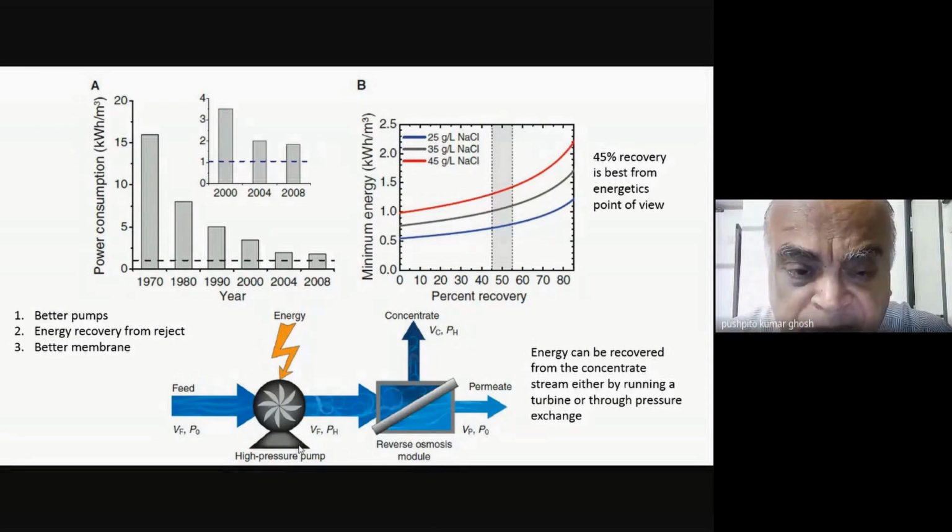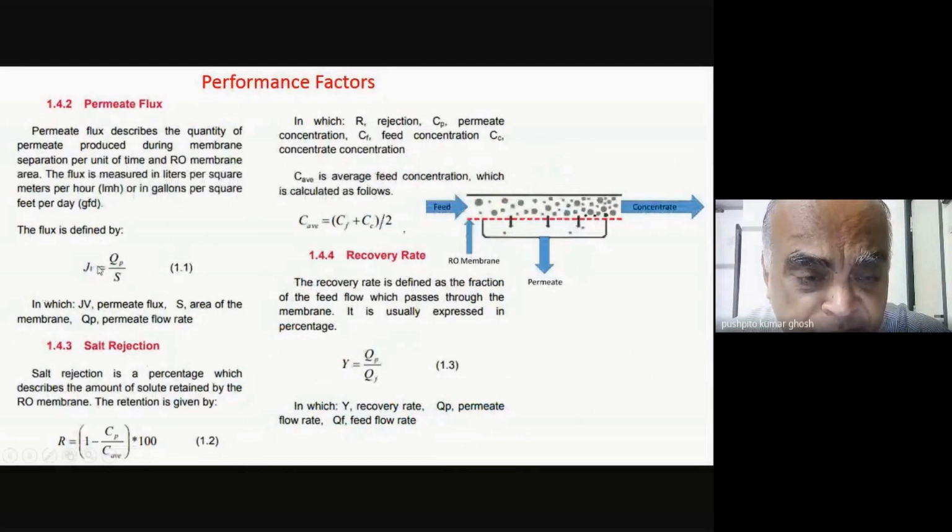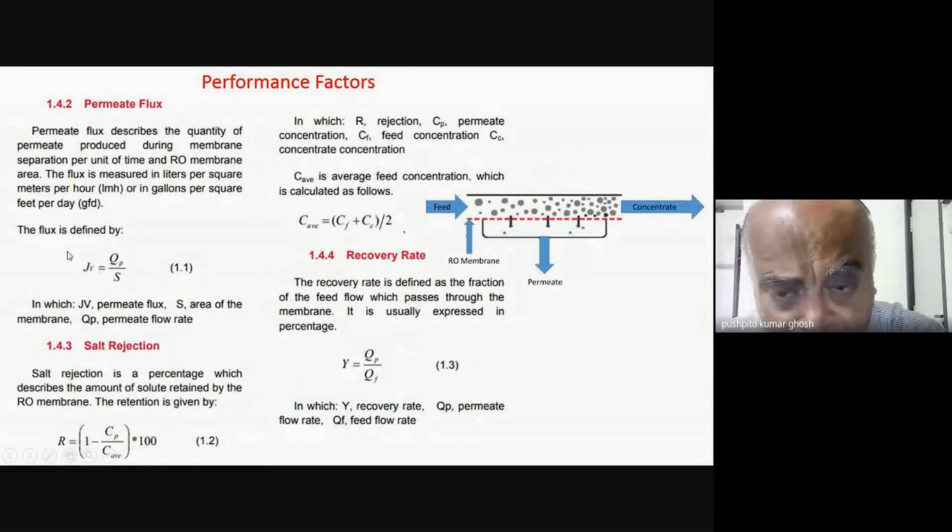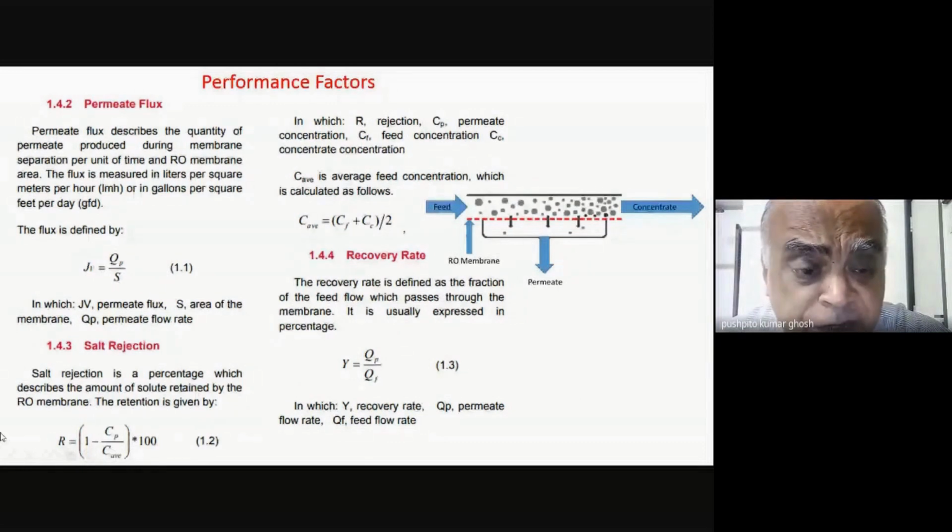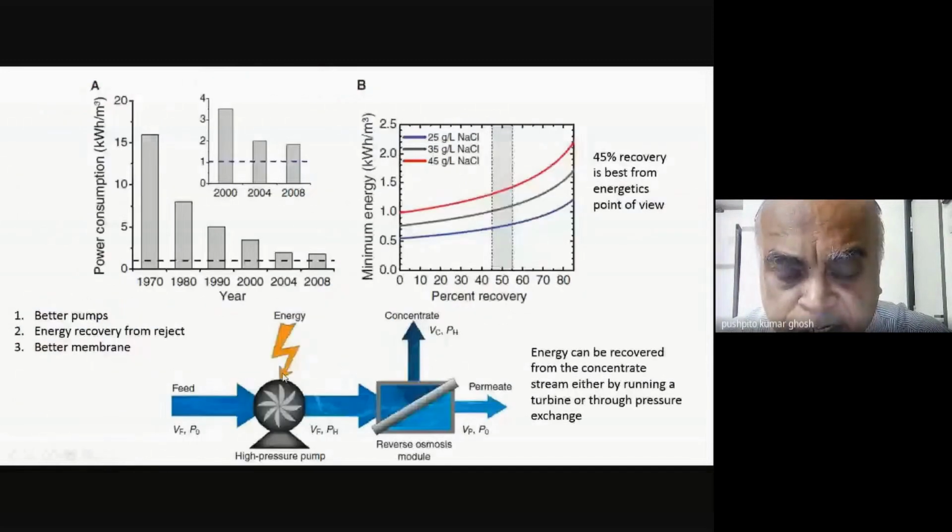So naturally, the power it draws is not the same as the work I'm actually doing on the feed water, because the conversion of electrical energy into mechanical energy is only 65% efficient. And the third is, of course, better membranes. The permeate flux has been dramatically improved, and so has rejection efficiency. So today, people can do these processes with much greater efficiency.